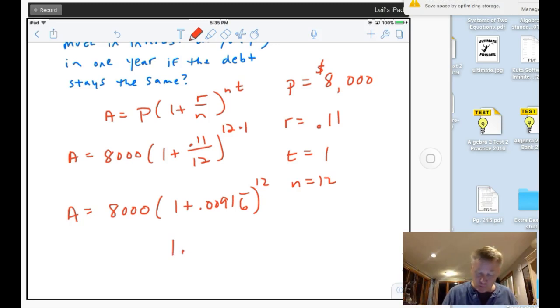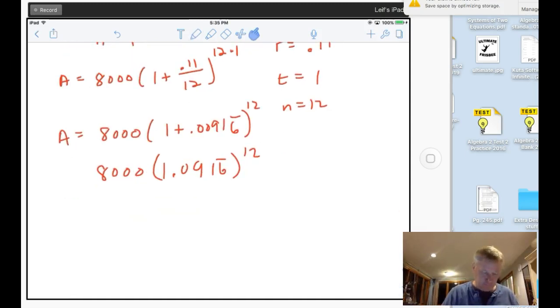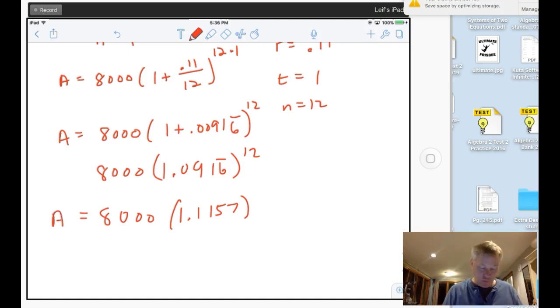So I get 1.0916 repeating to the 12th power. Now I take it to the 12th power. I get 1.1157. I'm just leaving that number in my calculator to be exact as possible, because there's more after that 7.